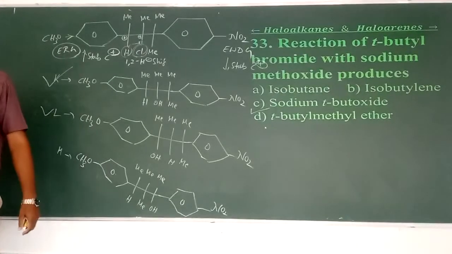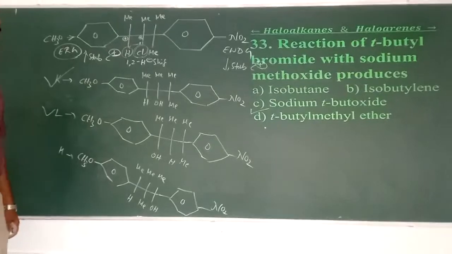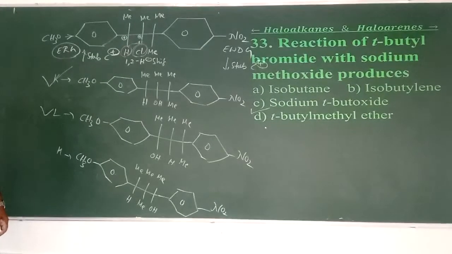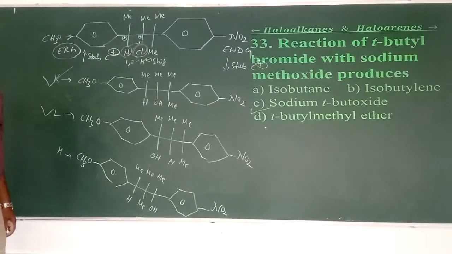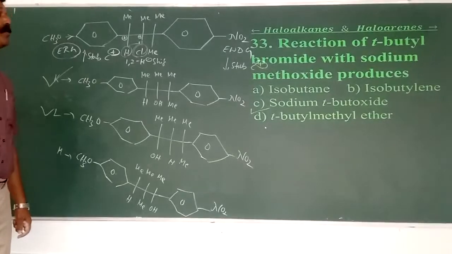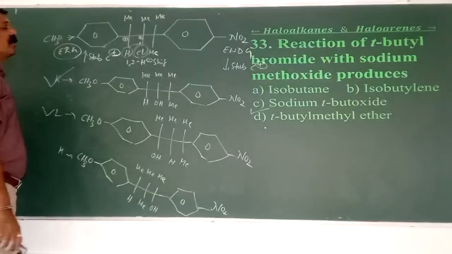Let's move to the 33 here. Reaction of tertiary butyl bromide with sodium methoxide produces what?